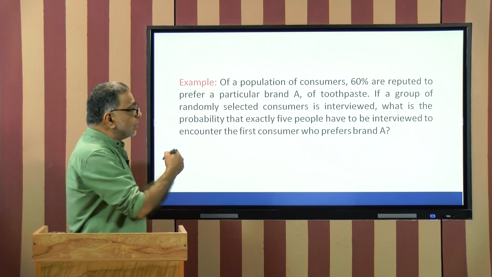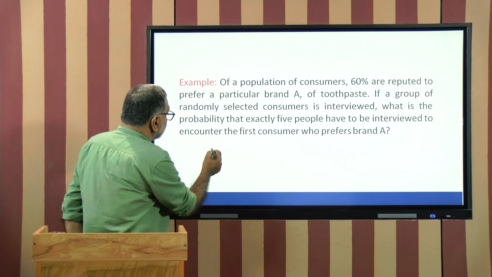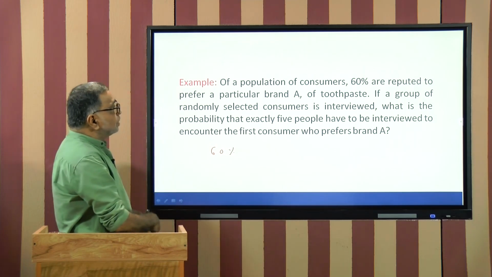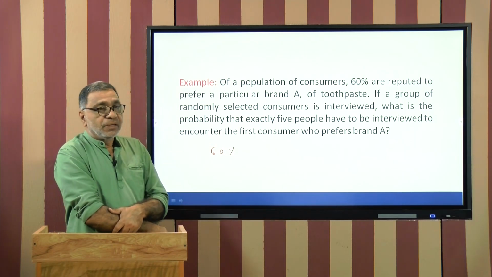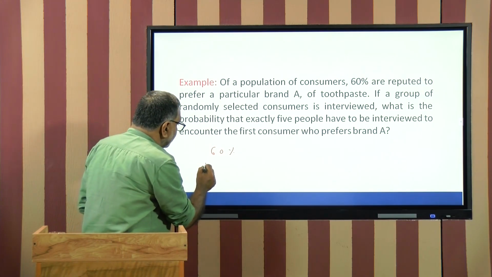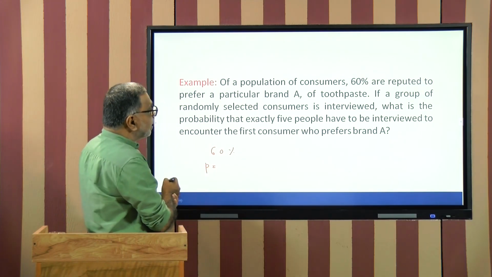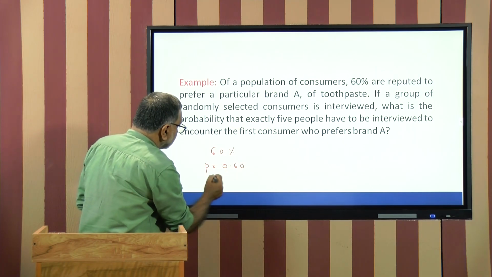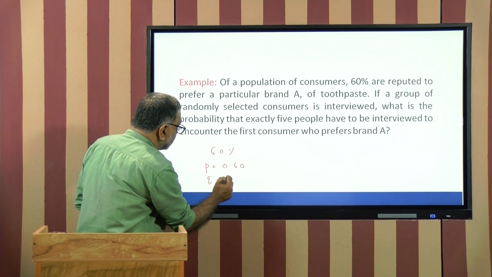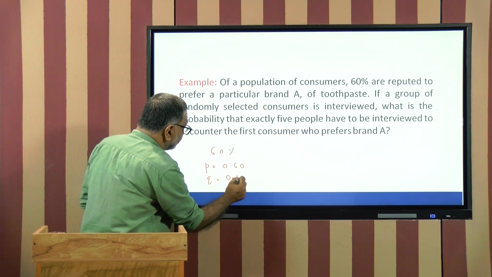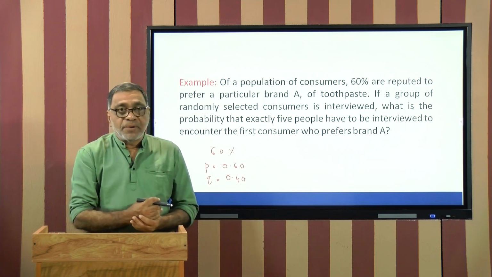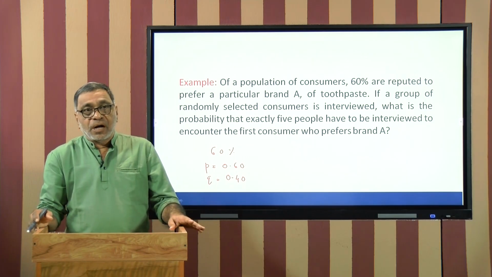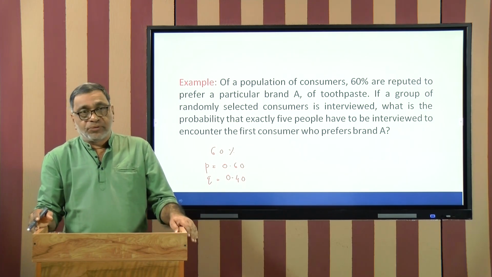You have a population of consumers of which 60% prefer toothpaste brand A. And so, P, the probability of preferring brand A, is 60%, that is 0.60, and Q, that is probability of failure, is 0.40. And as a market survey, a group of persons are randomly selected and interviewed.